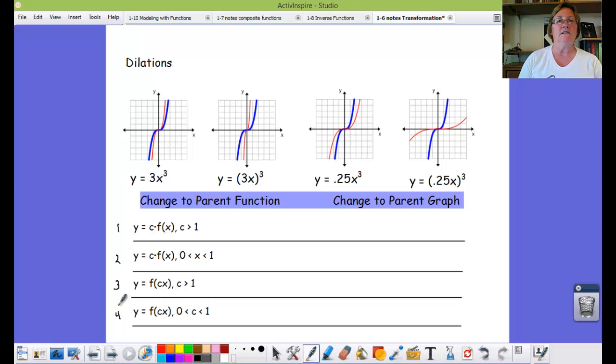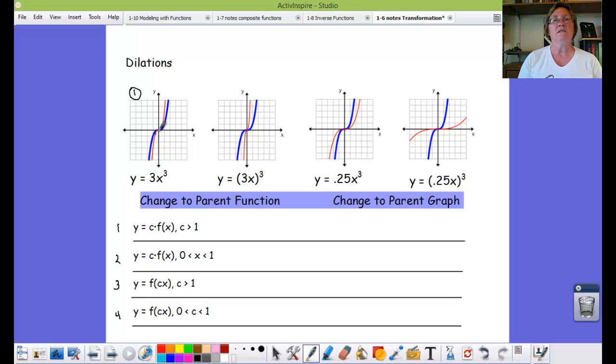And what I'd like to do is have you look up here and match a graph to each type of rule. Here we have a multiplier that's multiplying the function rule, and we have that here.